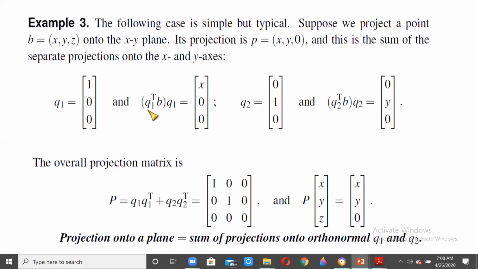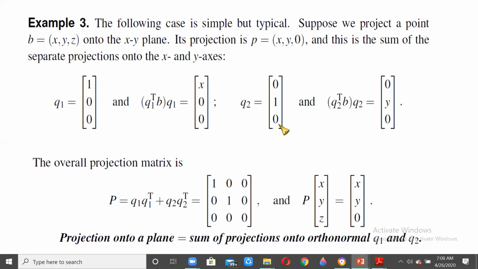If you take Q1 transpose b, that is, take the transpose of Q1 and multiply it with b, where b is written as a column vector x, y, z, then you just get the value x multiplied by Q1, that is, x, 0, 0.